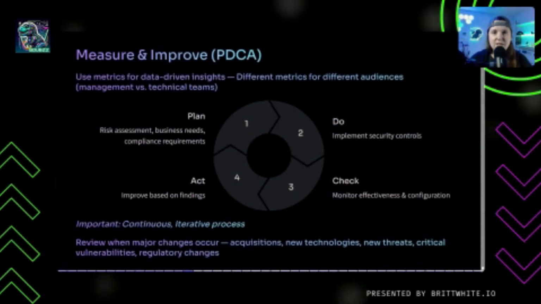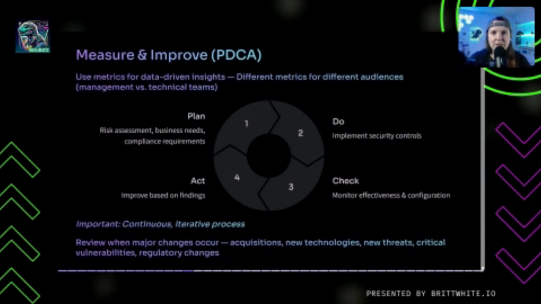First, we plan the security controls to be implemented based on risk assessment, business needs, and compliance requirements. Then we do, by implementing the planned security controls in systems and processes. Next, we will monitor and check if the implemented controls are working as intended, if they are effective in reducing risk, and if they are configured correctly.